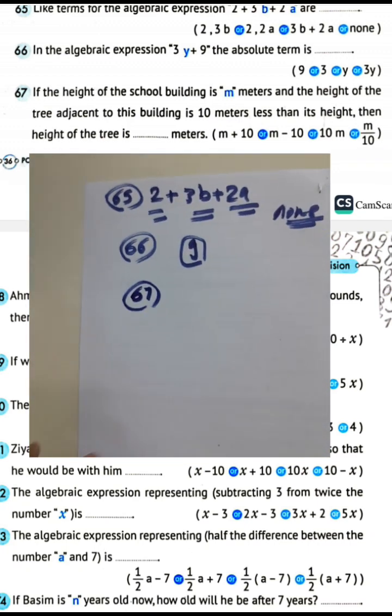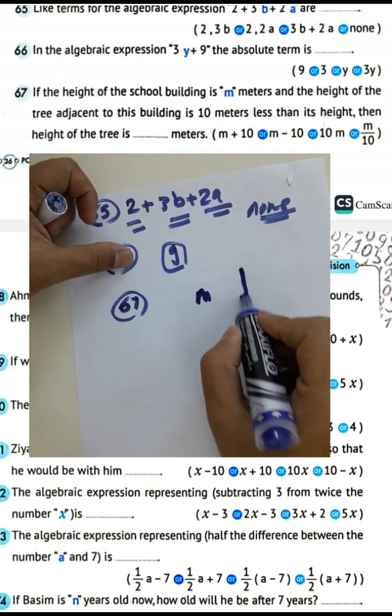Question 67. If the height of a school building is m meters and the height of a tree adjacent to this building is 10 meters less than its height, then the height of the tree is space meters.